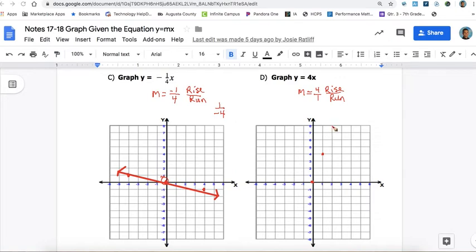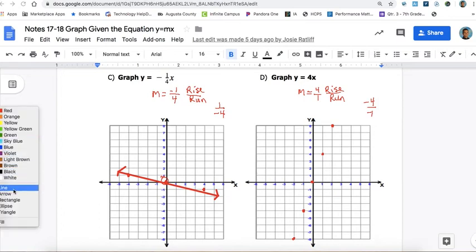Up 4 over 1. Now I want to go the other way, and since I have a positive slope, I have to make them both negative to go the other way. So now we're going to go down -4 over -1, and let's go one more down -4 over -1.